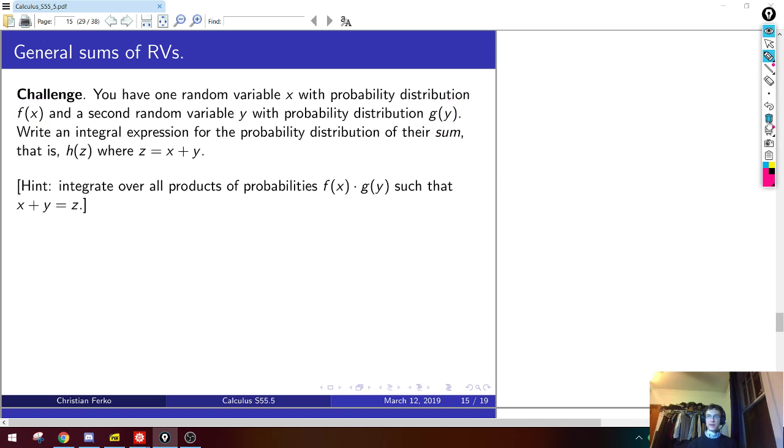Or in other words, if I randomly pull one x using this distribution f, and then I also randomly pull one y with this PDF g, and I add x and y together, what does the probability distribution look like for that sum, h of z, say, for the sum z equals x plus y? Think about that for a moment, and let me know what you think.